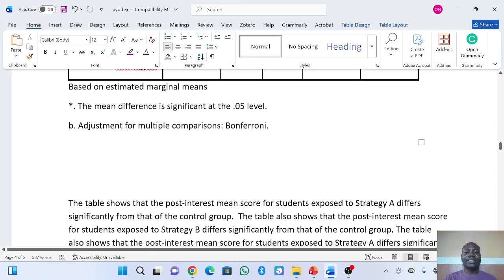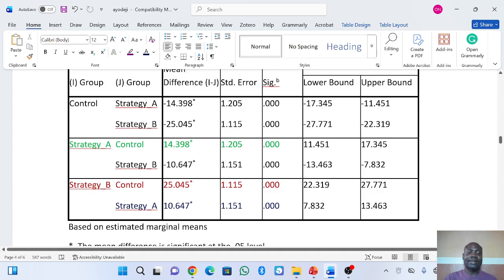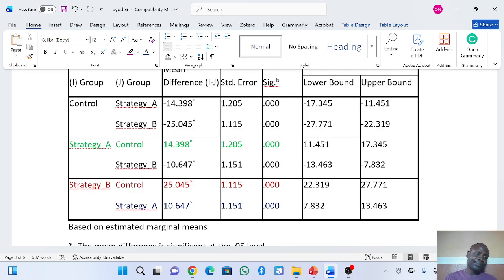So what does this imply? This implies that if we want to use any strategy to improve interest, strategy B will do the job best. But strategy A will do it better than control.